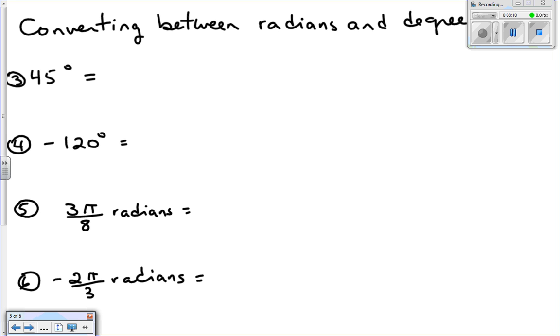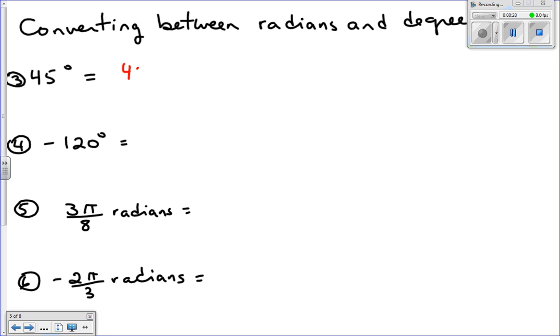So if I'm starting with degrees, in this example where I've got 45 degrees, remember if I multiply by 1, I don't change the value. Well, on the previous slide, you'll notice that I said that 1 was equal to pi radians over 180 degrees.